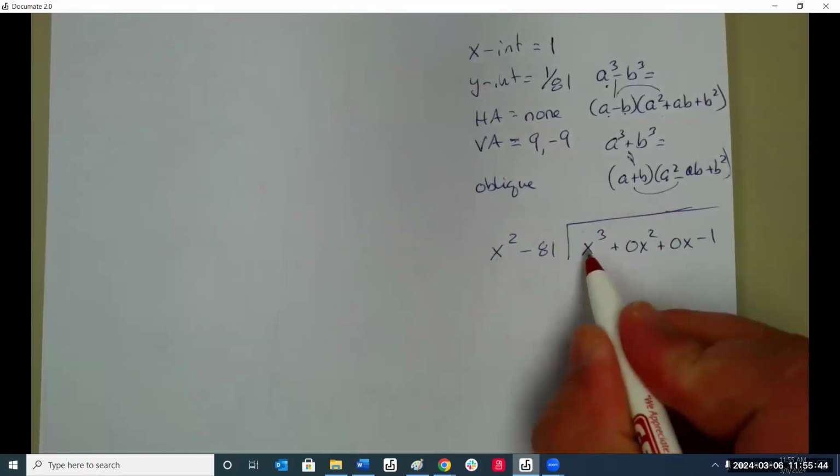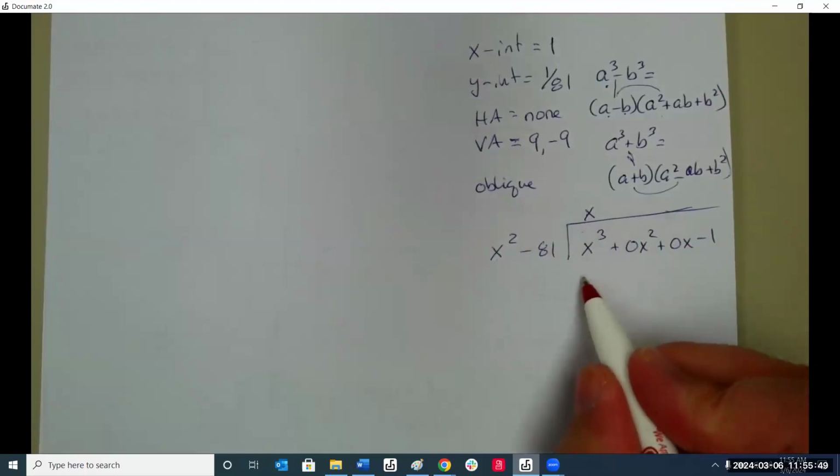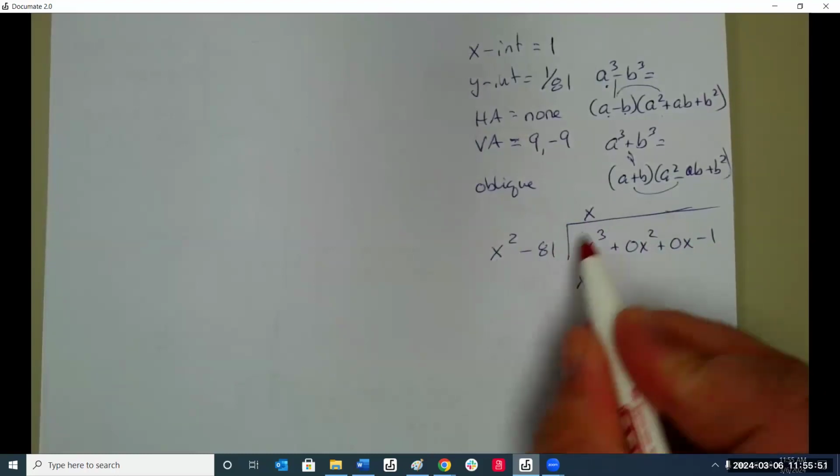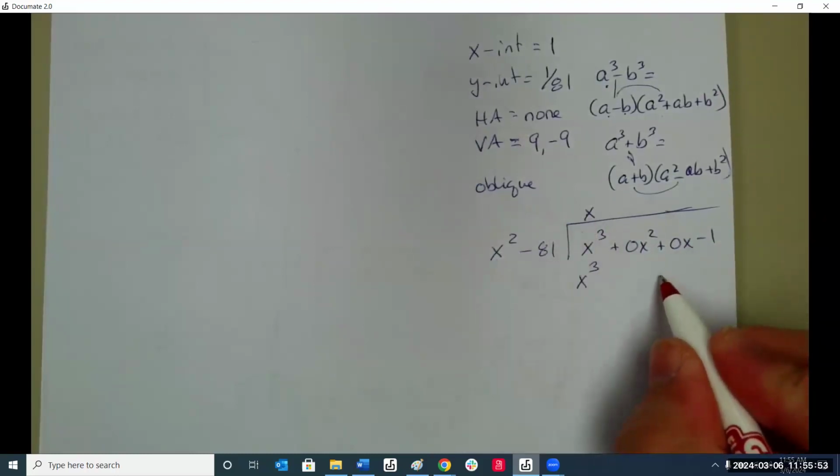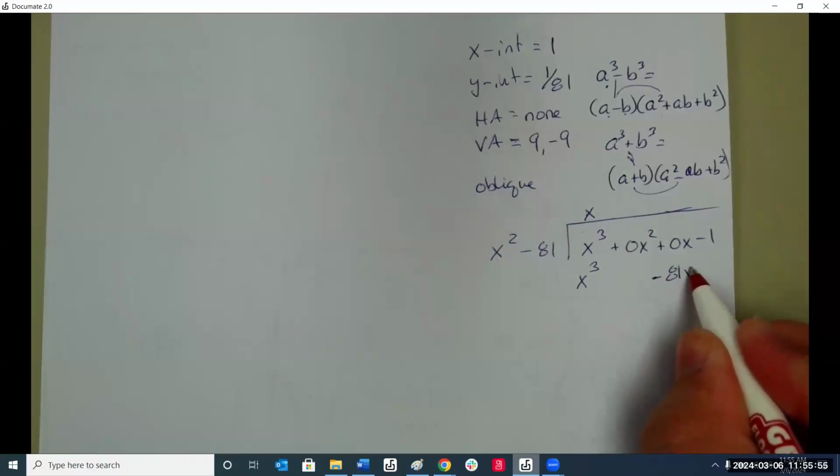So what times x squared is x cubed? It's x. And x times is negative 81x.